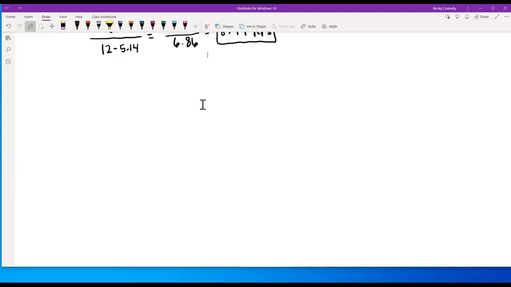How can I organize this information? And also make sure it's very clear what it is that you're trying to find. Because oftentimes students get a little bit lost, and by the time they have things set up, they don't even remember what it was asking them to do.